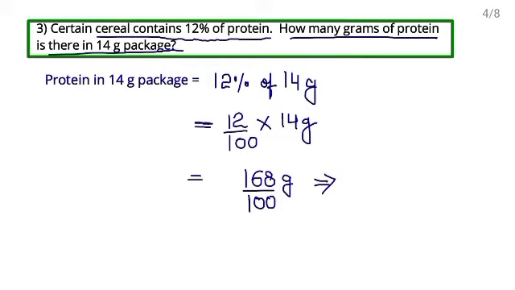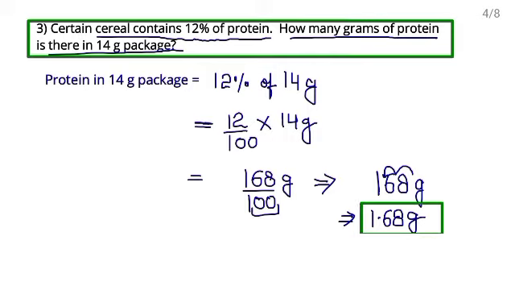How? Write numerator 168. Now in the denominator we have 2 zeros. So put the decimal before 2 digits here, right? So this is your answer, 1.68 gram. Clear? 1.68 gram protein will be there in a 14 gram package.